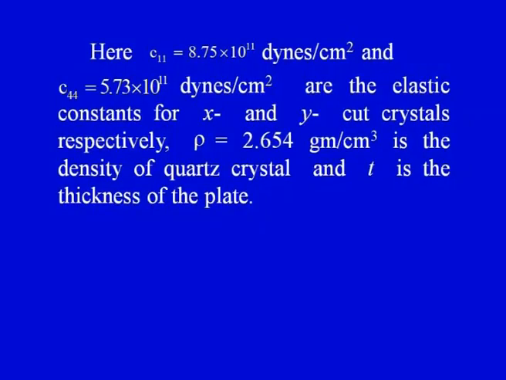Remember, crystal is anisotropic, that is why these constants are not same. Rho equal to 2.654 grams per cc is the density of quartz crystal and t is the thickness of the plate. You see, the crystal is usually in the form of a plate.